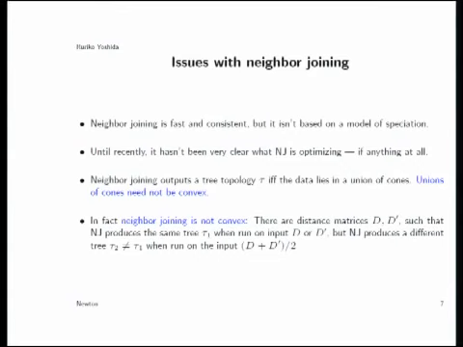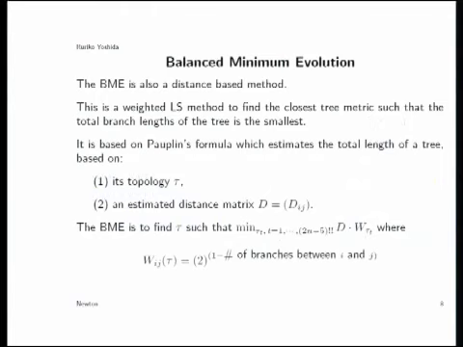So I picked this D from one cone and D dash from the other cone, and I add them, and that's not a union, that's not convex, so that's going to give you a different tree topology. So that's not really nice actually. And we have some formula, but we don't know the combinatorial description of the cones so well. Okay, so now I'm going to switch to the BME method.